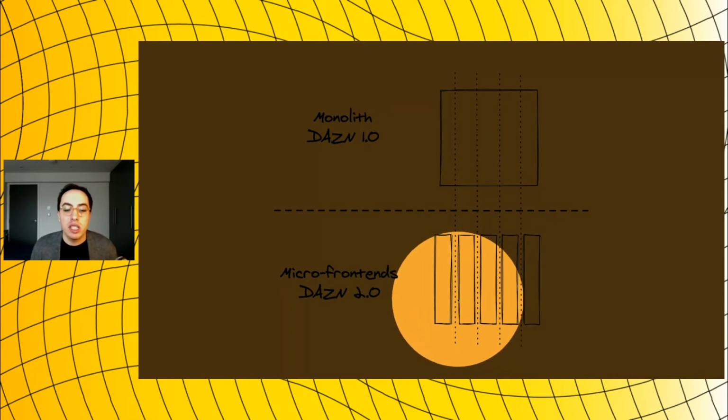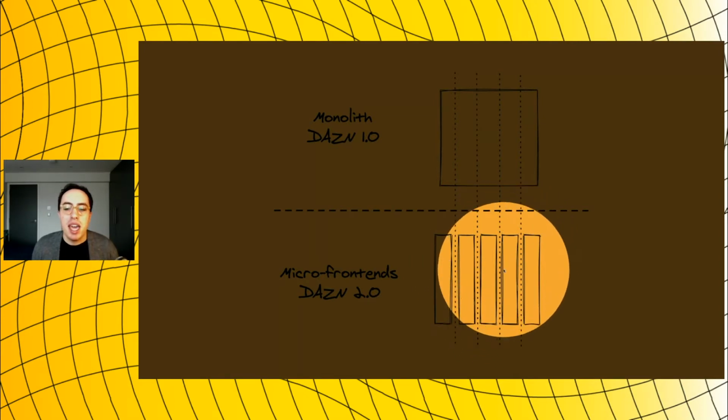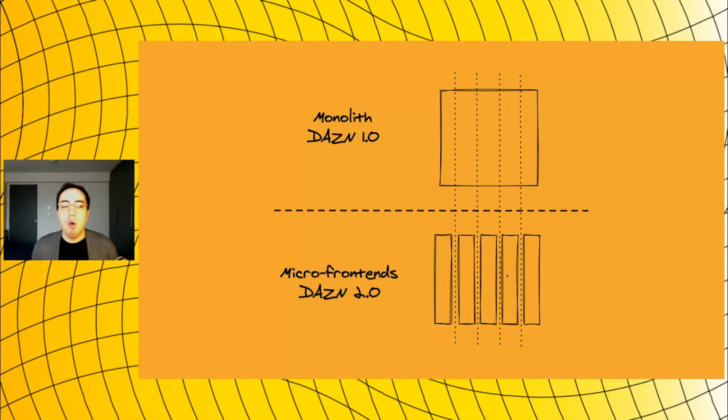This is another micro-frontend. Then we've got the catalog, which is, for example, where you see all the events and where you can play them. Then we have my account. But you can see how all these subdomains of the whole monolith application are now split in micro-frontends.